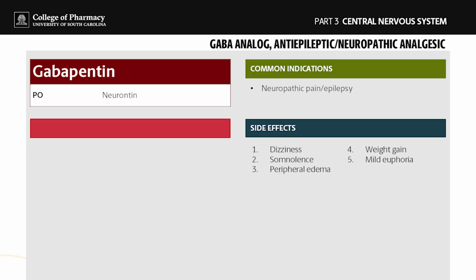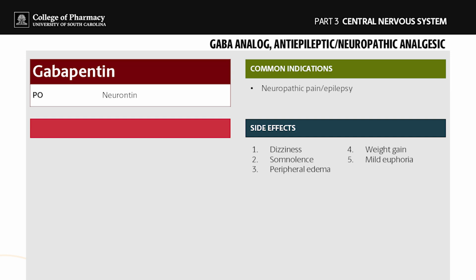We have something that's called a GABA analog, antiepileptic neuropathic analgesic. It's called gabapentin. GABA is the name of a receptor in the body, so it's a GABA analog, and the brand name is Neurontin. Neurontin, neuropathic? Do we see a relation there maybe? So the indication is neuropathic pain relief and epilepsy.